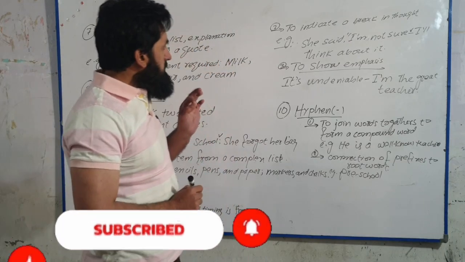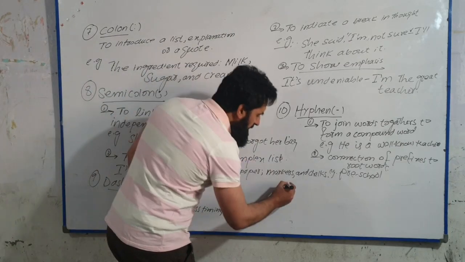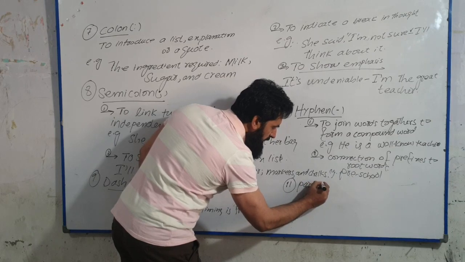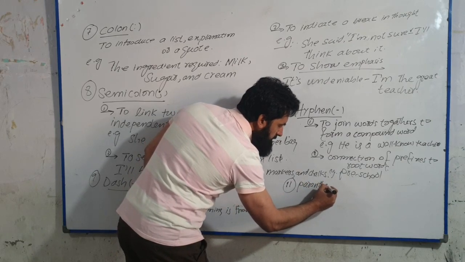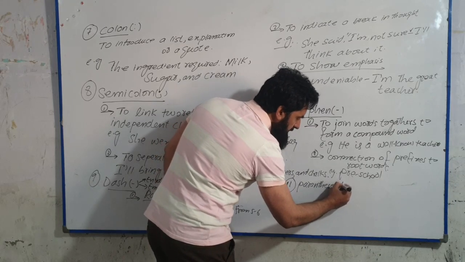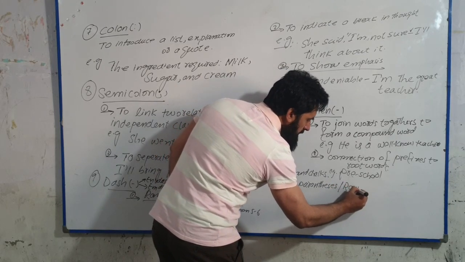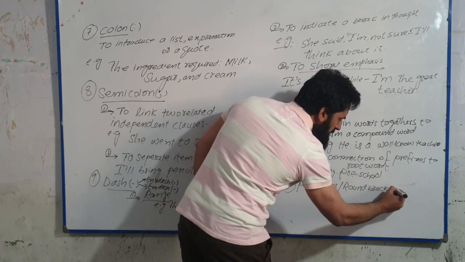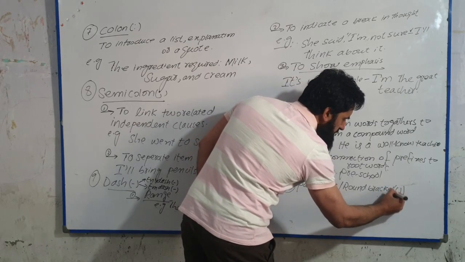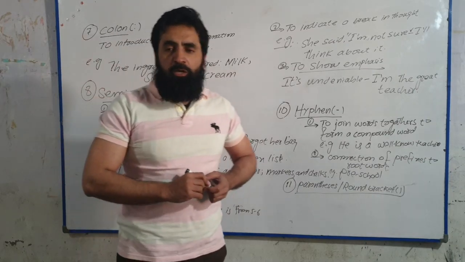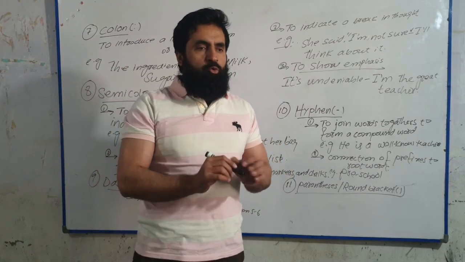Now come towards the 11th punctuation mark, that is your parenthesis. Or it can also be called round brackets in British language. So this is the 11th punctuation mark. Where do we use this?